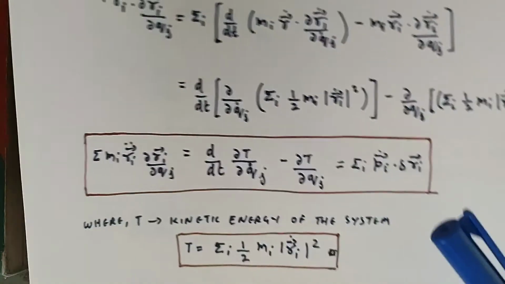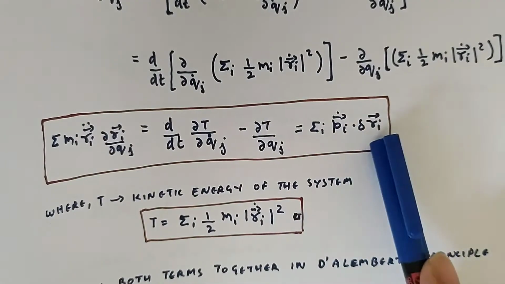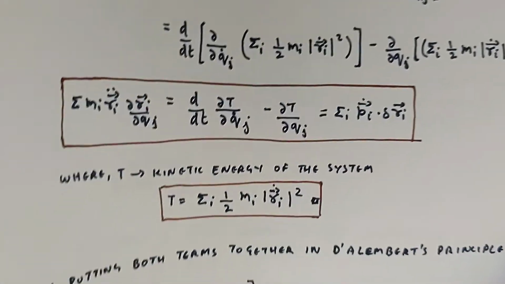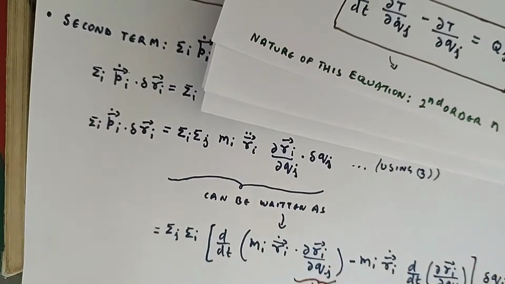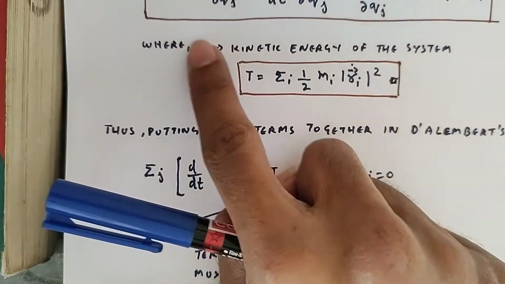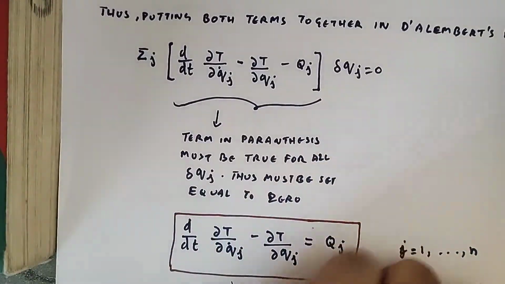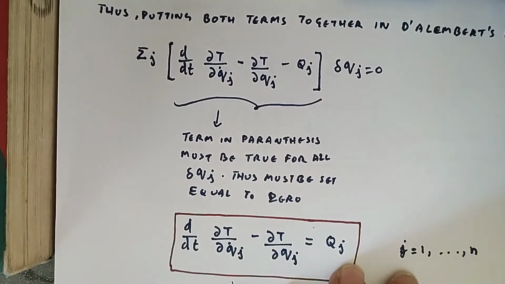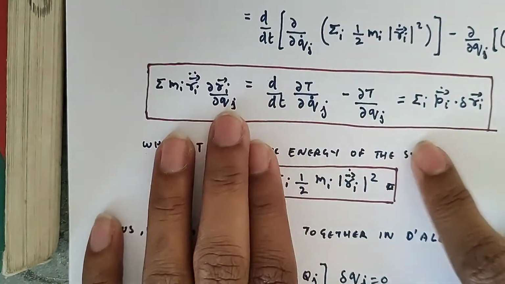This is nothing but equal to the second term of D'Alembert's principle, because that's exactly what I was expanding. So after expansion, I get this equation. It's a beautiful equation. Thus, putting it all together, the second term and the first term.